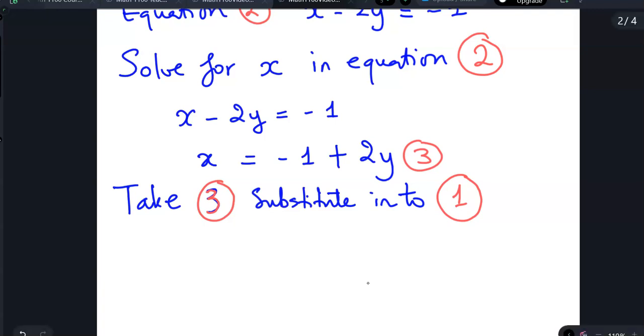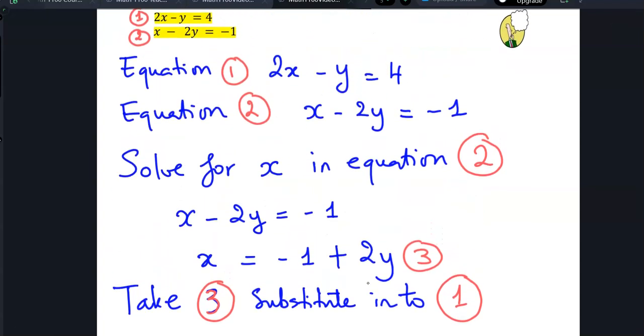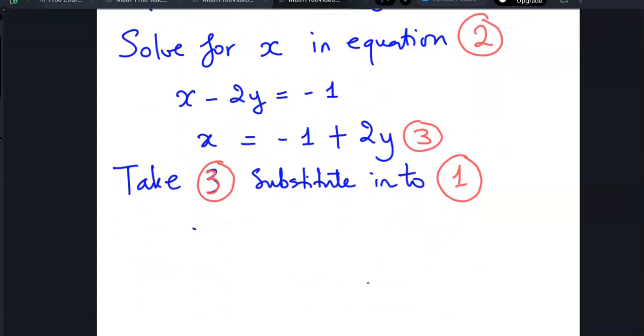So I have to realize what equation 1 is. My equation number 1 is 2x minus y equal to 4. So let's write that down. Now, here is my value of x. This is the value of x, but I will substitute 3 into 1.